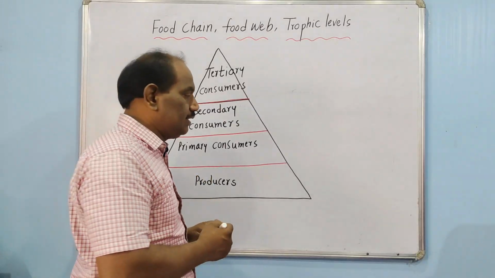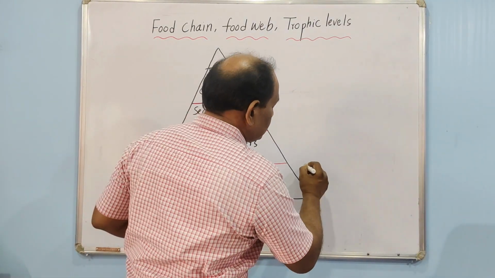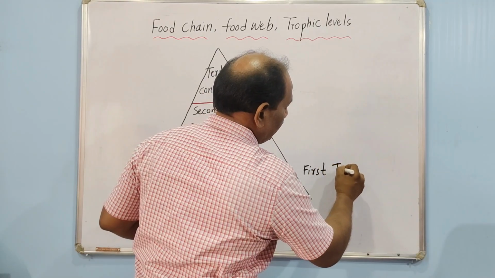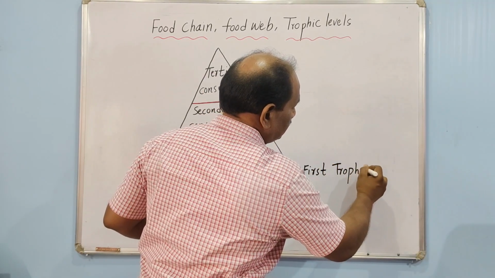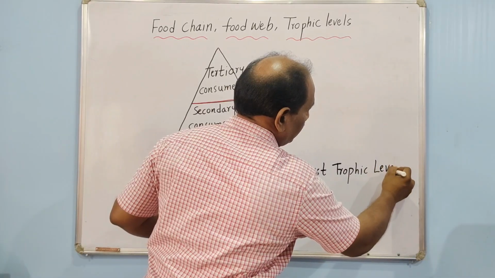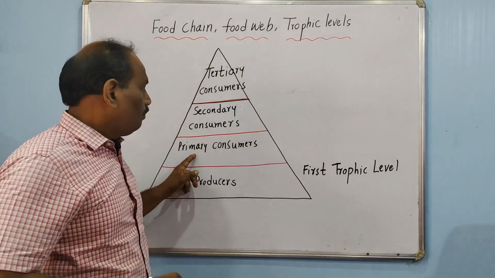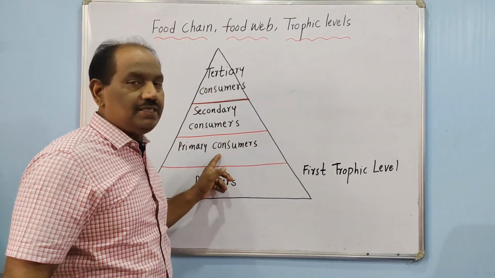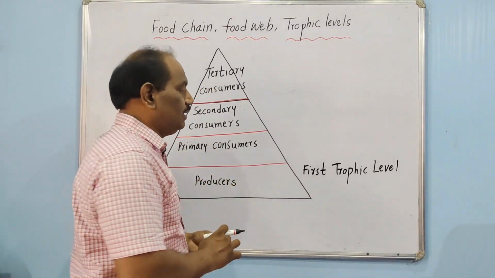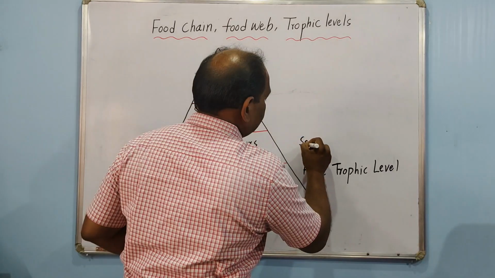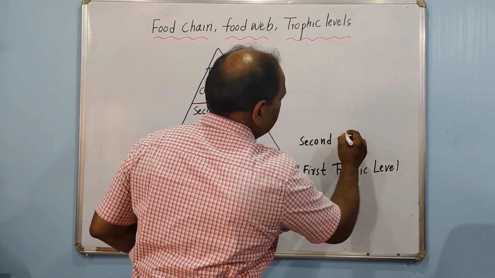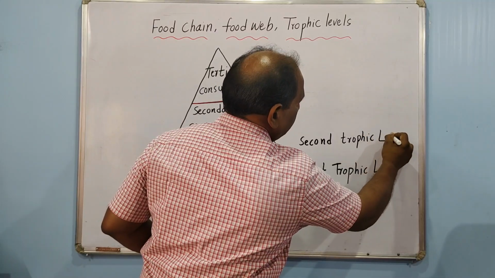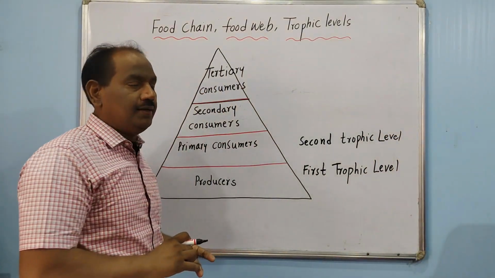So producers always come at first trophic level. Primary consumers are nothing but herbivores, plant-eating animals, and come at second trophic level.